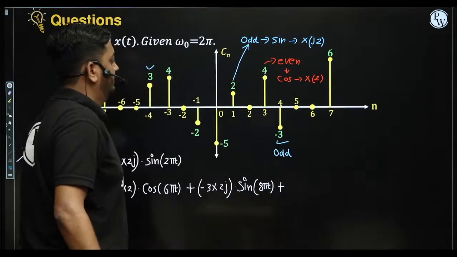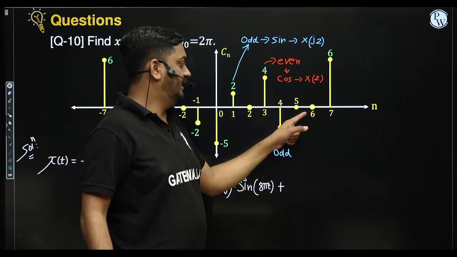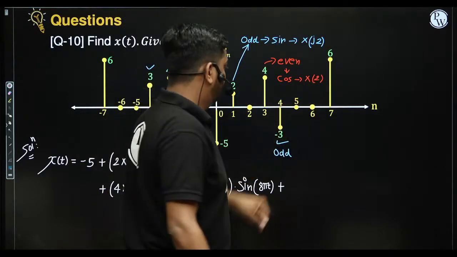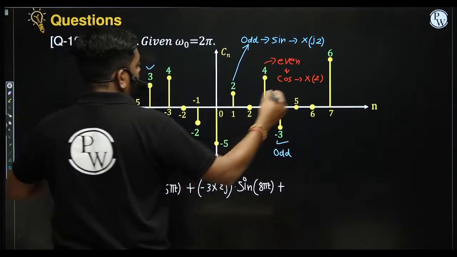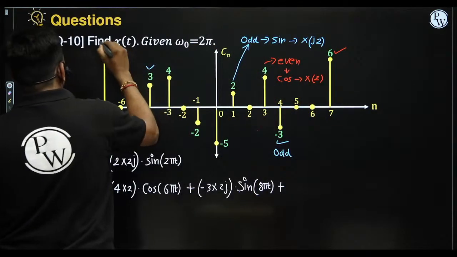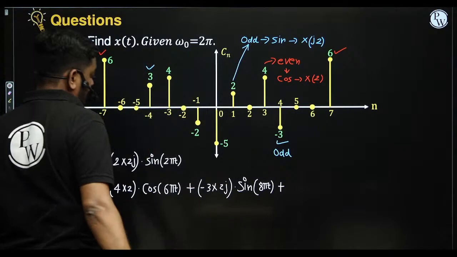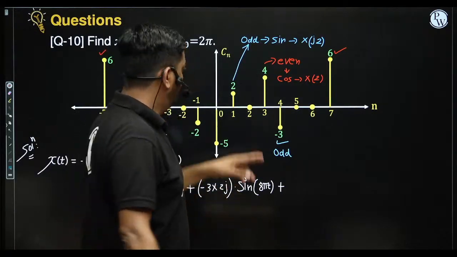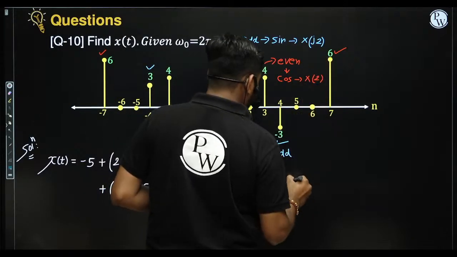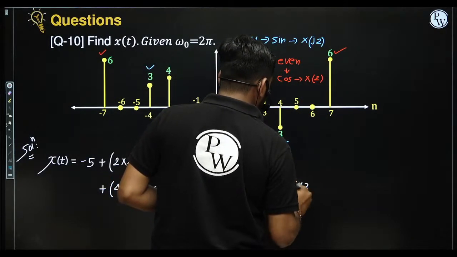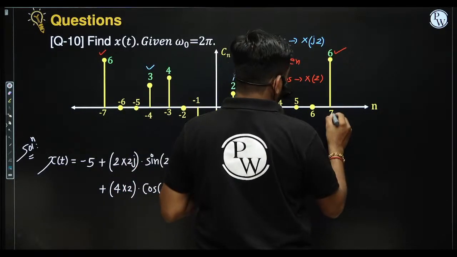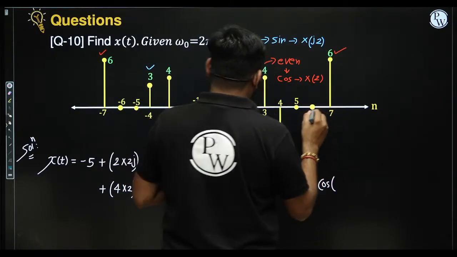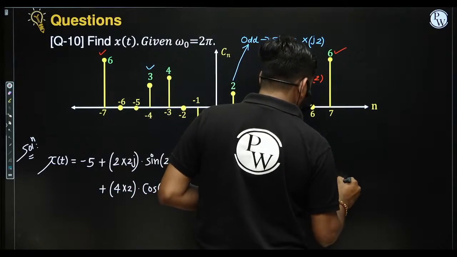Plus now n equal to 5 is 0, n equal to 6 is 0, n equal to 7: it is 6 and 6, this sample is even, so cos and multiply by 2 for the right-sided signal, so 6 into 2, cos n omega 0 t. For n equal to 7, omega 0 is 2 pi, so n omega 0 t is 14 pi t.